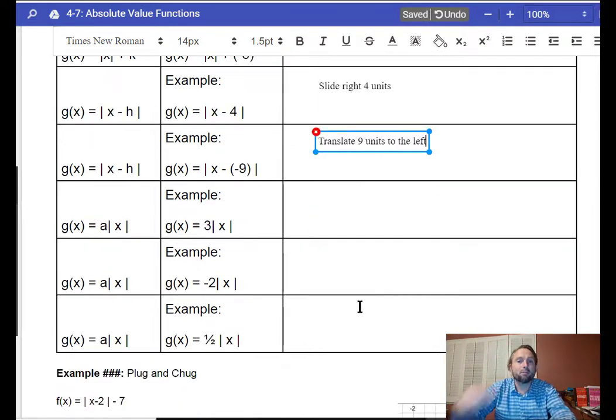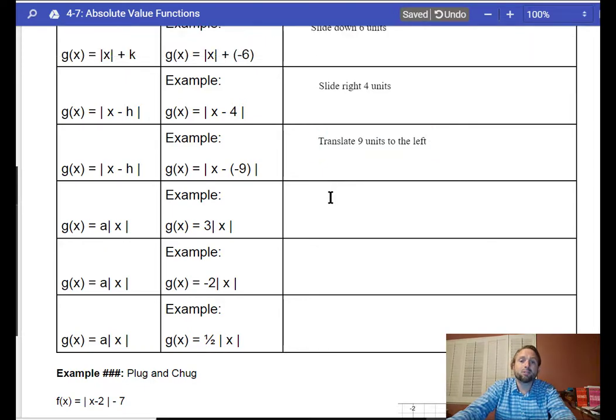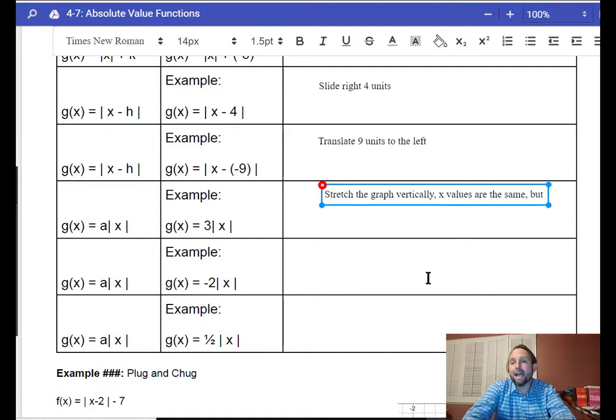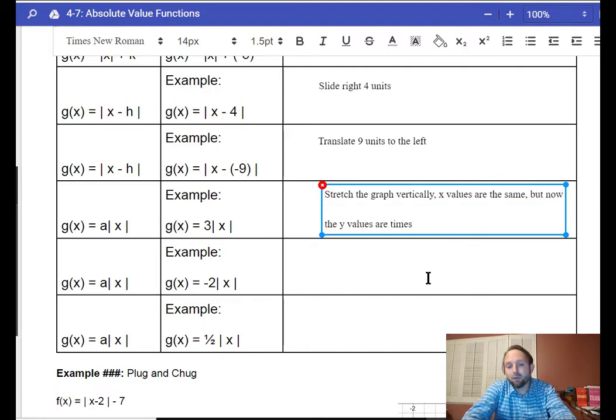So now remember what happened when we had a multiplier. It's going to stretch the graph vertically. So the x values are the same, but now the y values are times 3.